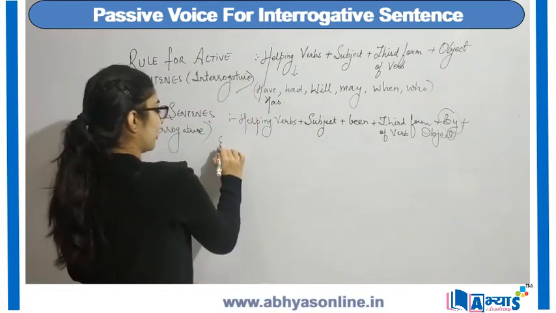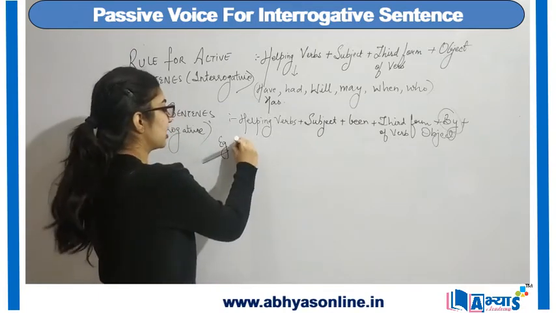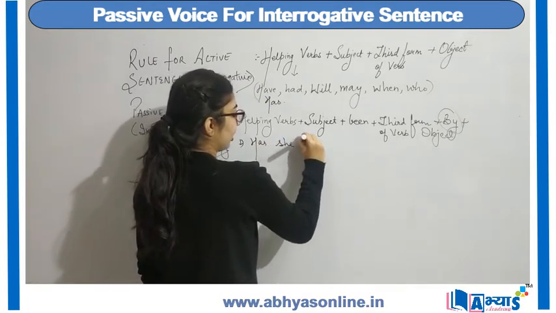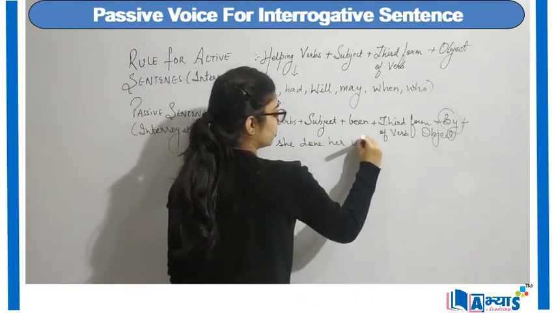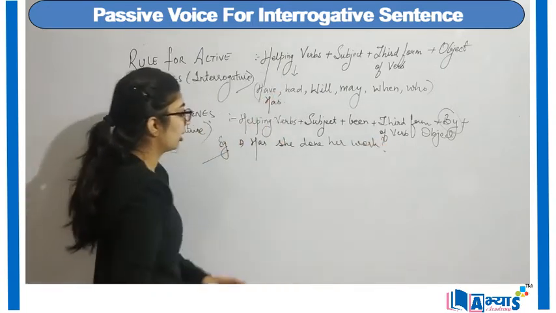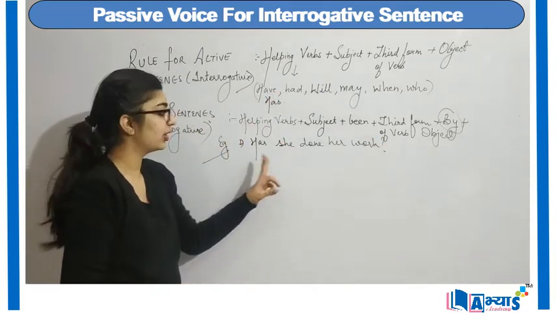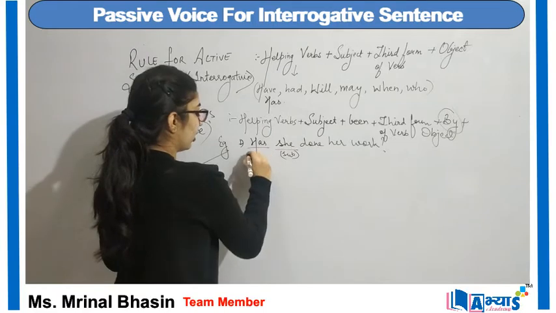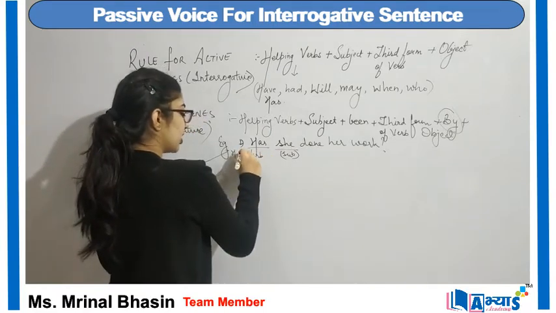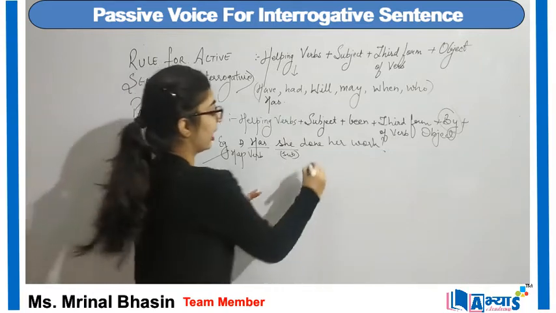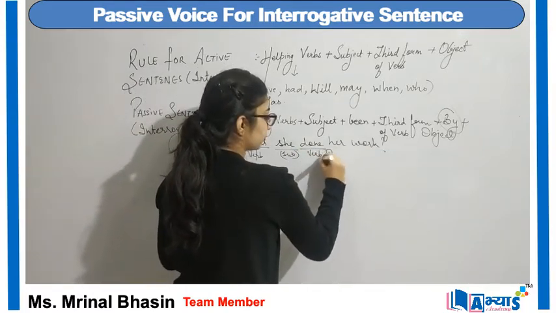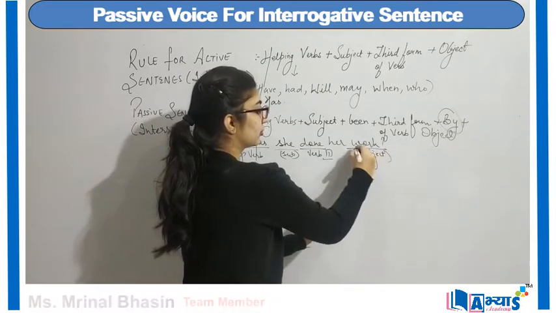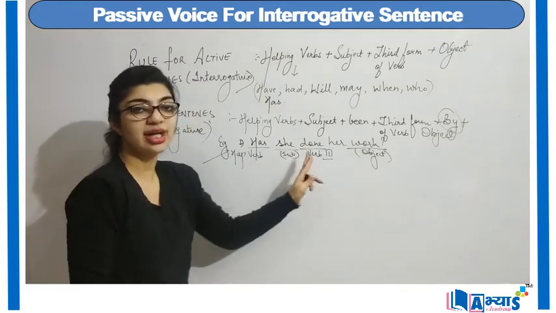So let me explain with the help of an example. The first example is, has she done her work? Now over here, has is my helping verb, she is my subject, done is the verb in third form, and work over here is my object. Right? So has she done her work?